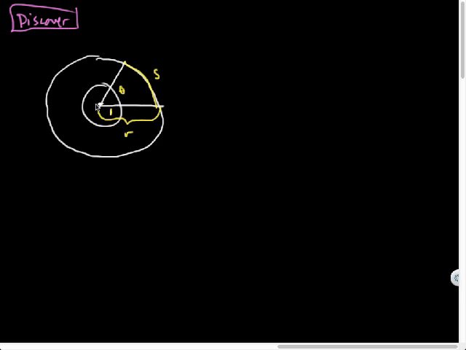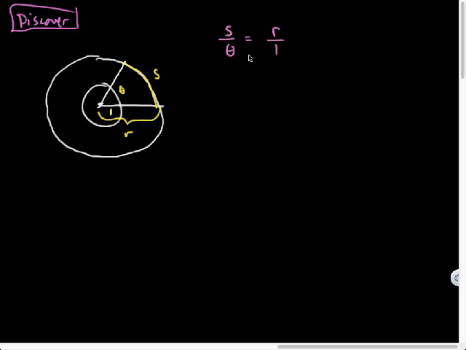So what I want to do is set up a ratio based off of this sketch. So s over theta is proportionally equivalent to r over what? Over 1. The big arc to the little arc is equal to the big radius to the little radius. So I've set up a proportion.